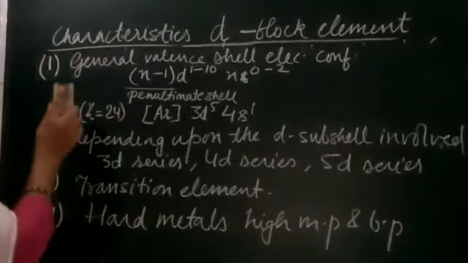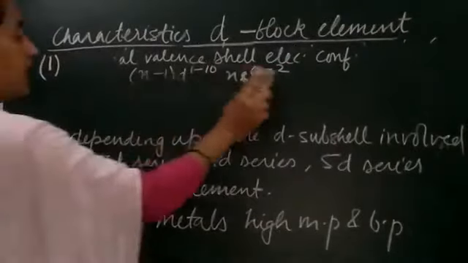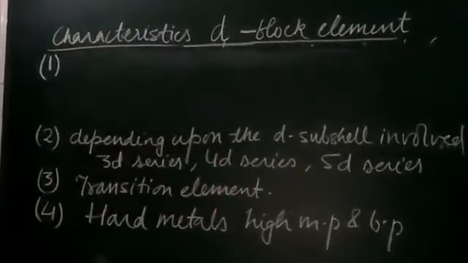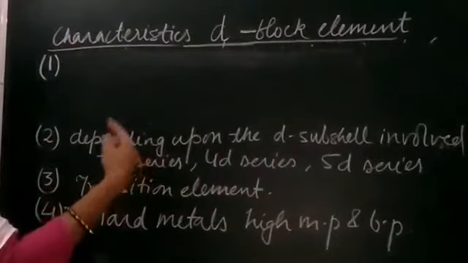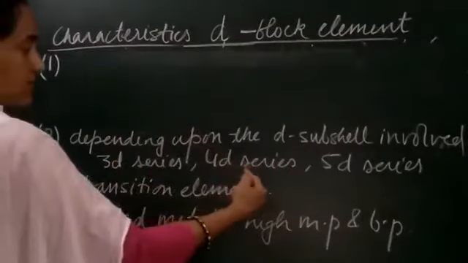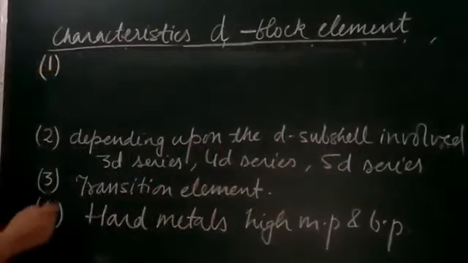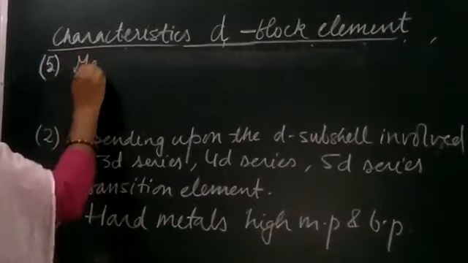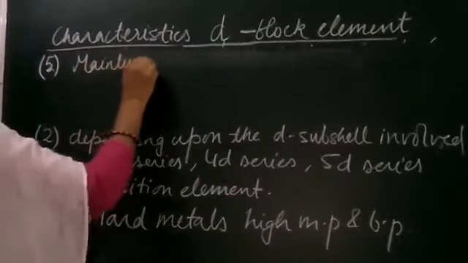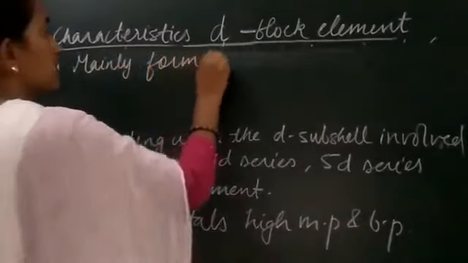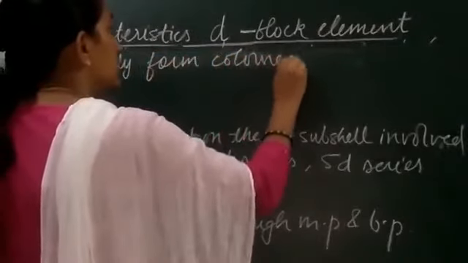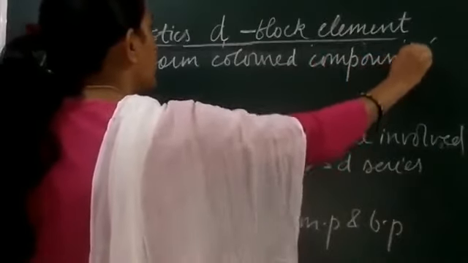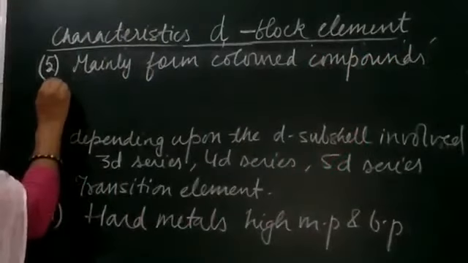Next, these transition elements, the D block elements, are known as the 3D transition series, first transition series, second transition series, and third transition series. Now the next is they mainly form colored compounds. So students, they form colored compounds.